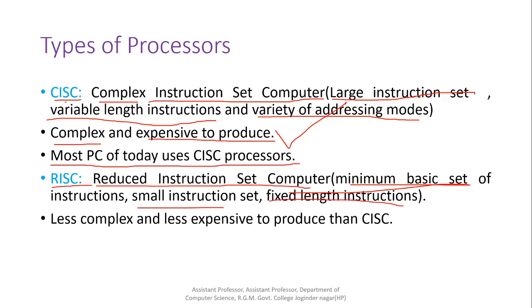CISC has variable-length instructions, whereas RISC has fixed-length instructions. RISC processors are much less complex and less expensive to produce as compared to CISC processors.